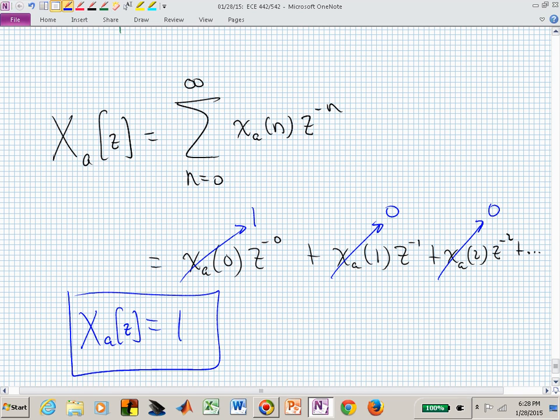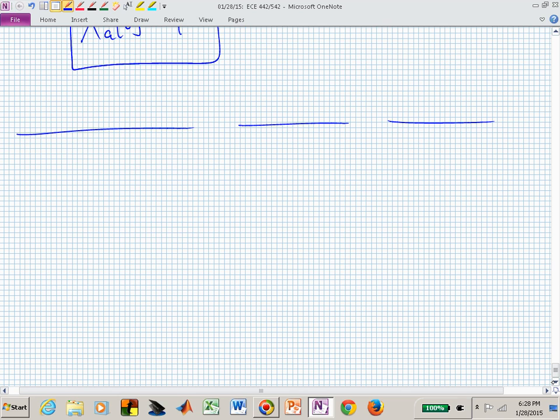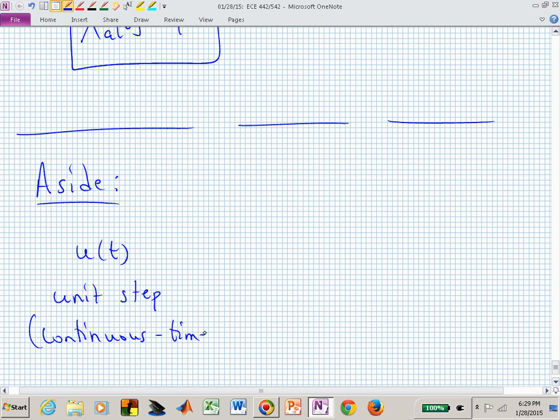Well, maybe that was too boring. Let's look at something else. But before we look at something else, let's remind ourselves of what we can hopefully remember from the continuous time case. Suppose I said, what if we had this unit step, u of t, in the continuous time?